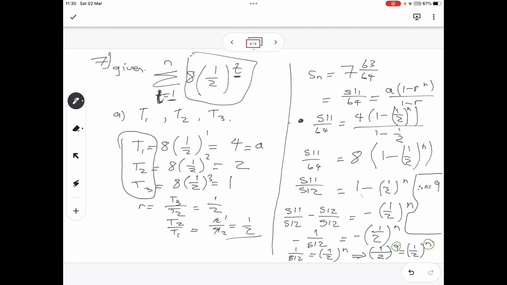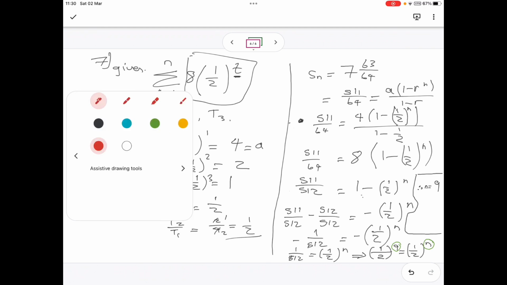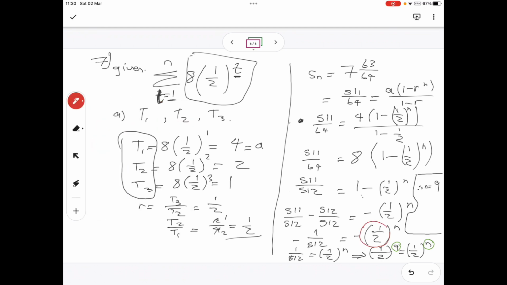And on the other side of the equation, we get a number that looks like it could be this base raised to a certain power. So that's how I started guessing it. And that's how you get to solve the question.